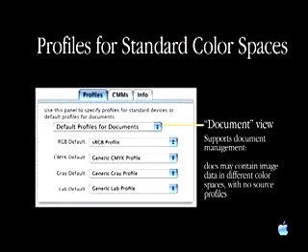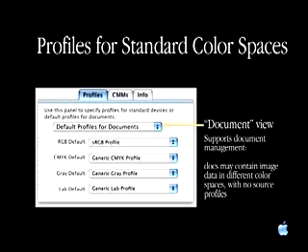So here's a look at what the new panel looks like on Mac OS X. There's several panes of it, but we're just going to talk about the profiles pane. The first view of this is default profiles for documents. Documents can contain lots of different types of data. So an application can utilize the fact that this is where users can set up profiles for different color spaces that will be contained in documents.